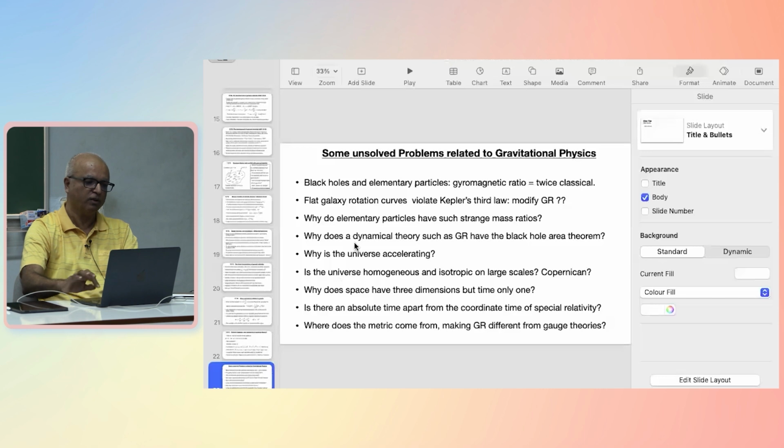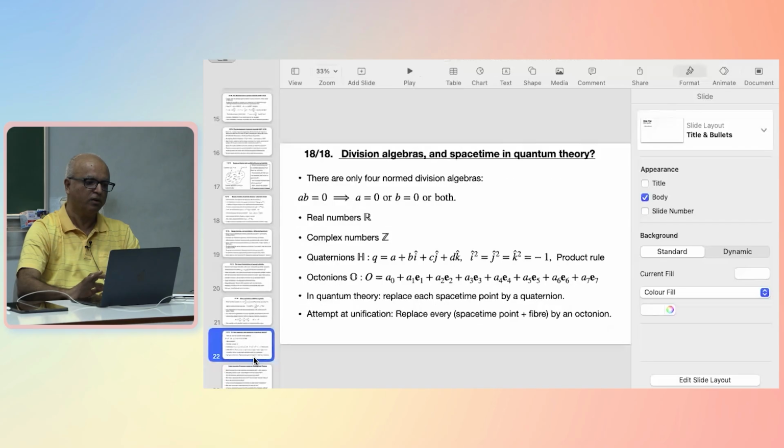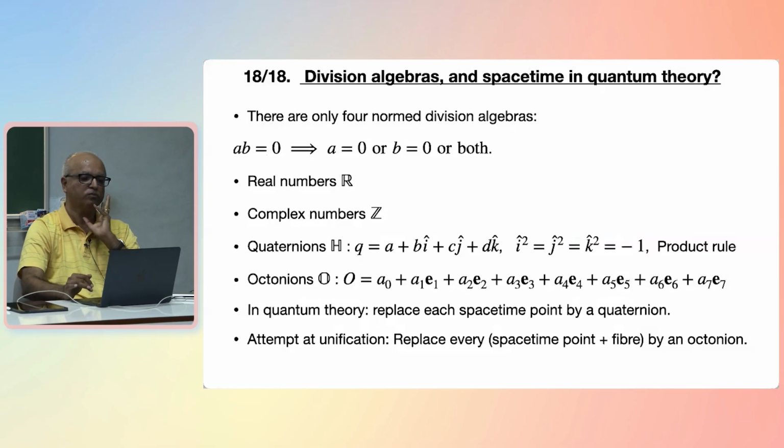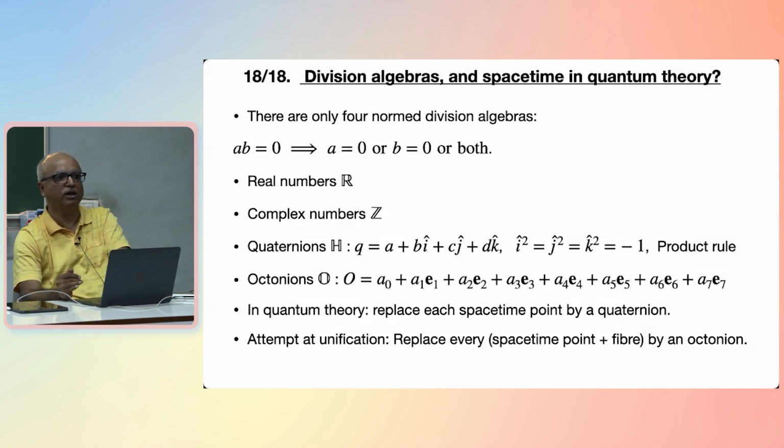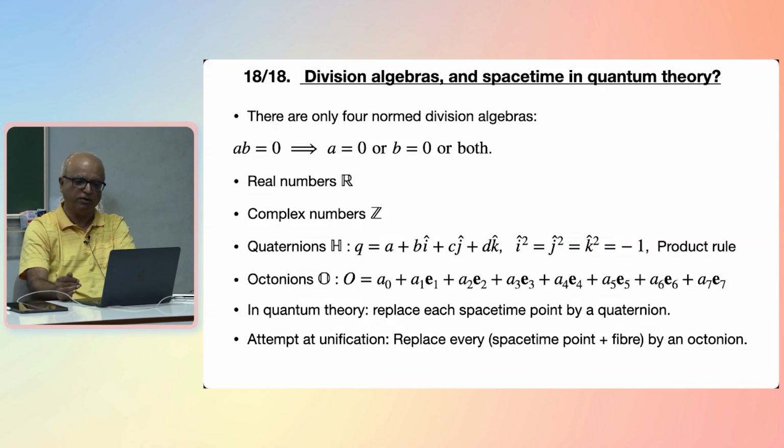This is what we have in mind: we are trying to replace every space-time point by a quaternion, and if you replace every space-time point and the fiber space by an octonion, we might have a possibility of unifying the standard model gauge forces with gravity.